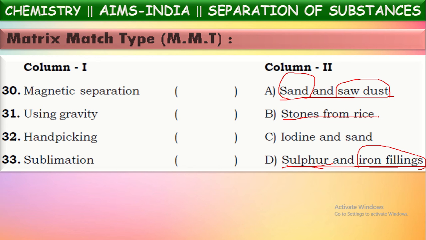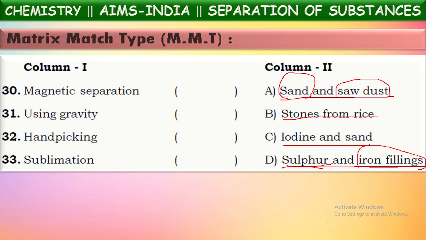For example, iodine, camphor, naphthalene, ammonium chloride: all these substances on heating convert directly from solid state to gaseous state without coming into liquid state. Now here they mentioned iodine and sand, isn't it? If you heat this mixture, we know sand won't be vaporized. It will be in the solid form itself even though you heat it.